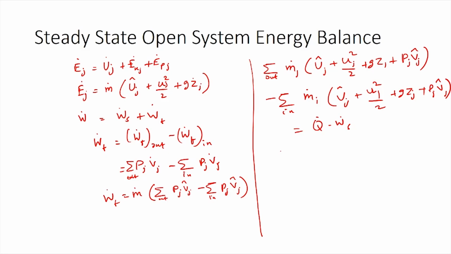So, the terminology U cap plus PV cap can be combined to form the enthalpy, which is H cap.